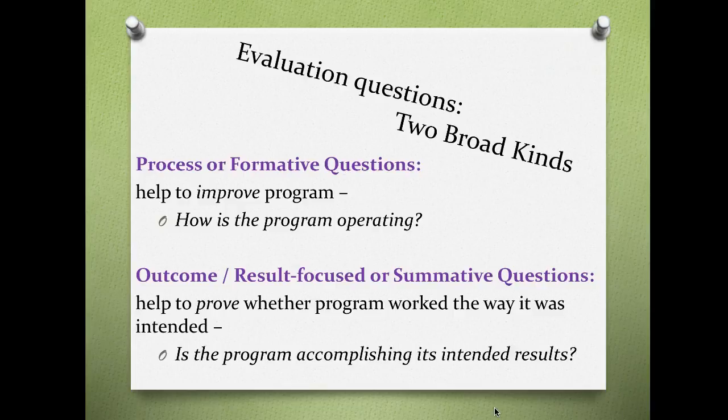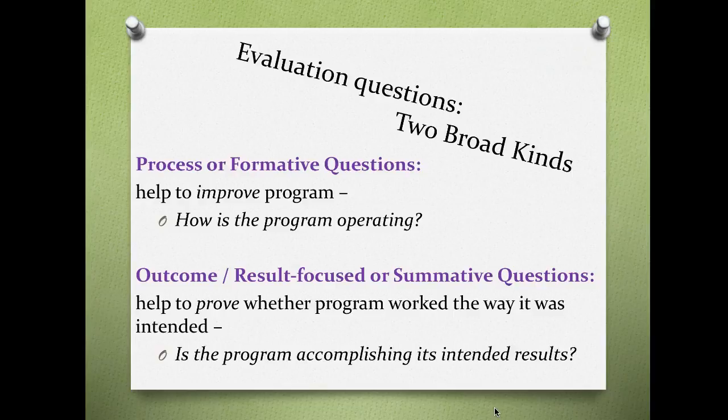These are usually, let's say, if you have a grant that's for 5 years, process or formative evaluations often happen years 1 through 4. And then outcome and result focused or summative questions help to prove whether the program worked the way it was intended. So these kind of evaluations can be done years 2 through 5.